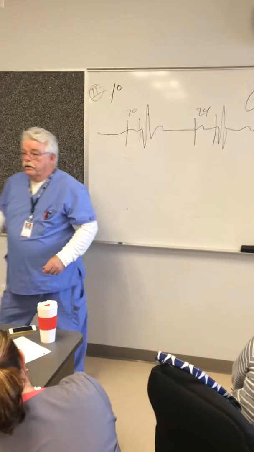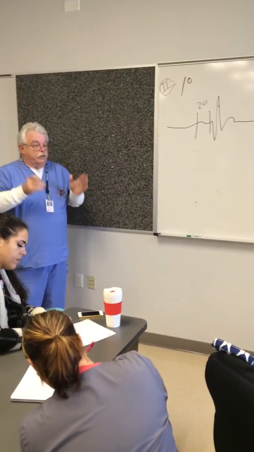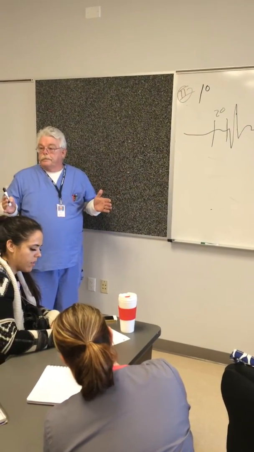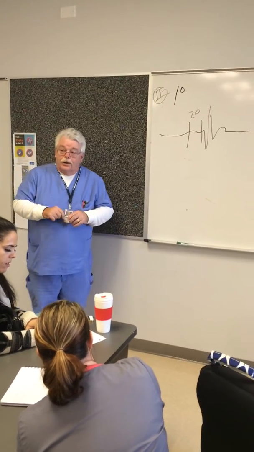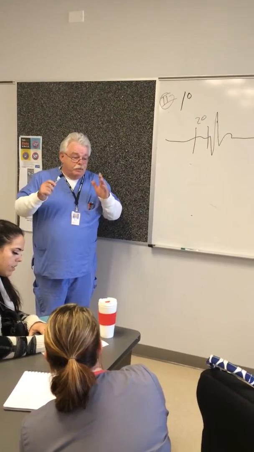So the PRI is getting longer progressively, right? It's lengthening. The PR interval is lengthening. With every beat, the PRI is getting a little longer, right? Longer, longer, longer drop, then you have a Wenckebach.